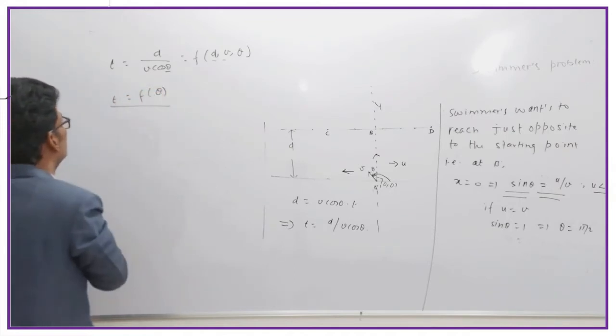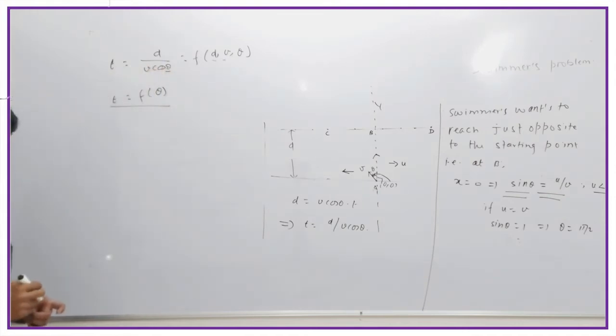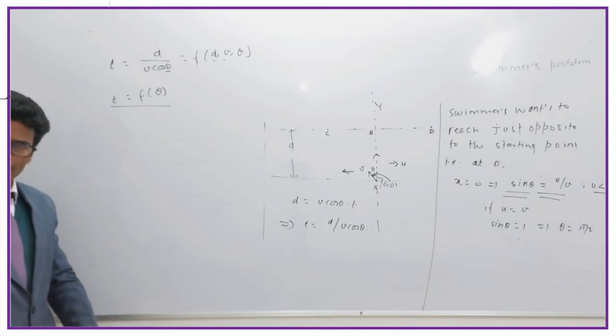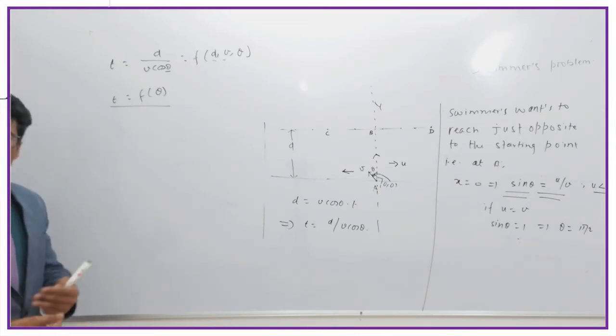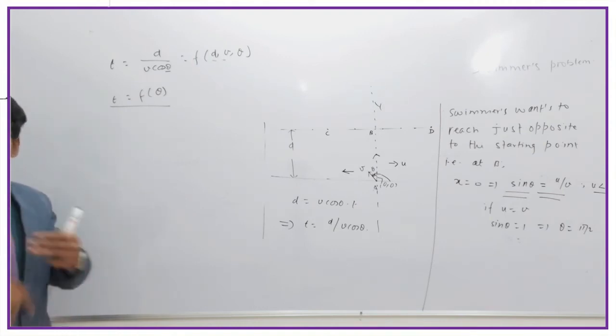Look at here. It means if we use the maximum value of cos theta, then we will get the minimum time, that is the minimum time of crossing. Again, like sin theta, cos theta lies between -1 and 1, including -1 and 1. So the maximum value of cos theta is 1.